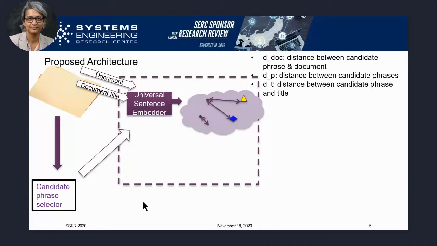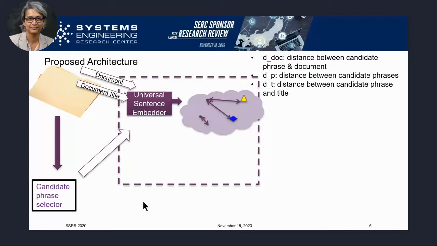The blue diamond represents the document title. So each of those will be a little vector in that space. And then all the little dots that you see are the embeddings of the candidate phrases that we have come up with using the candidate phrase selector. We define 3 different types of distances that you can see written up there.